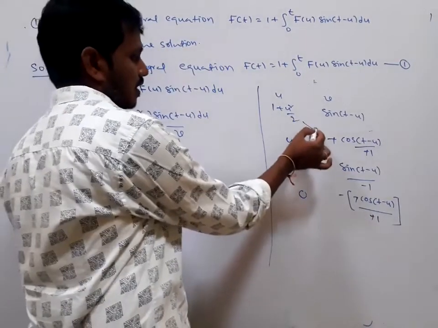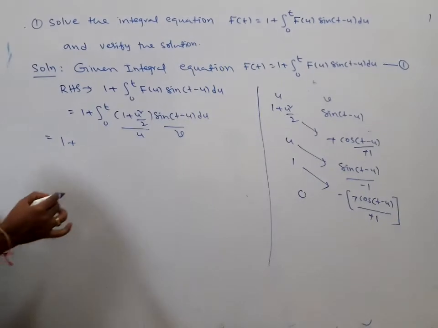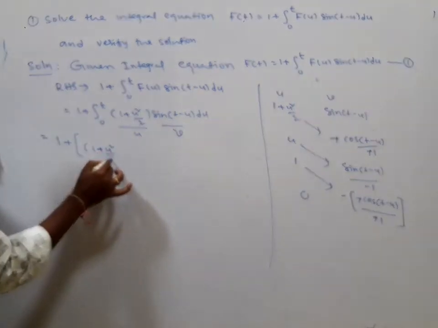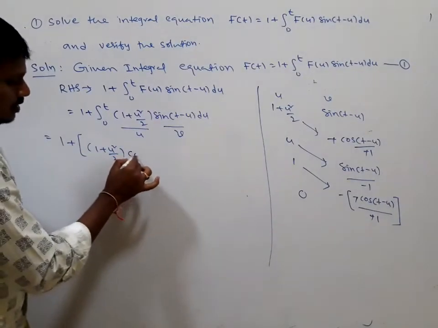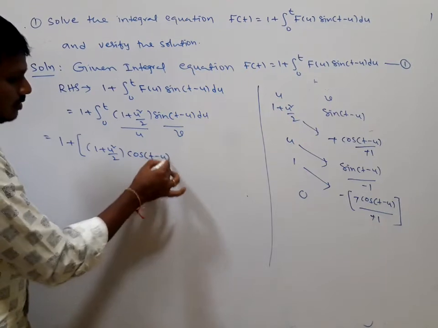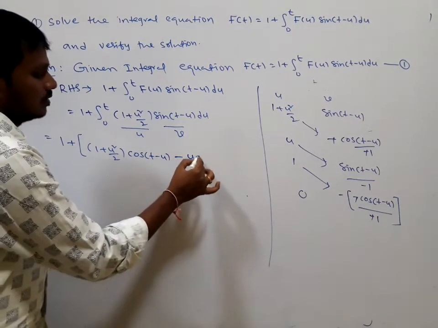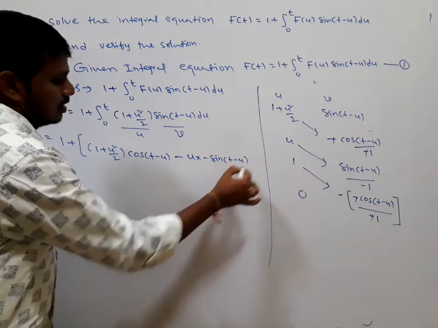Now in this way you are going to multiply. So the integration is what? First one, 1 plus u square by 2 into cos of t minus u, alternating positive and negative. Next negative u into minus sine of t minus u, right?